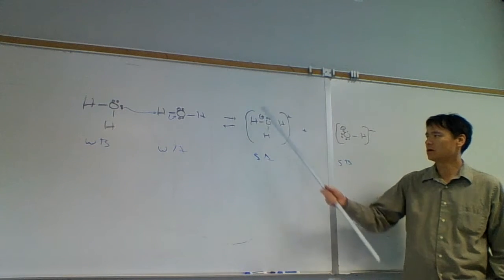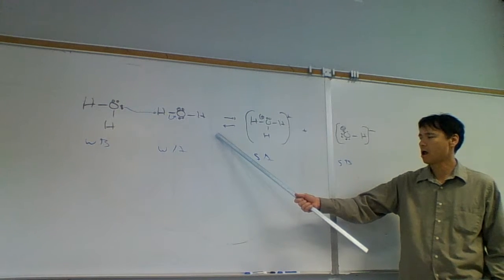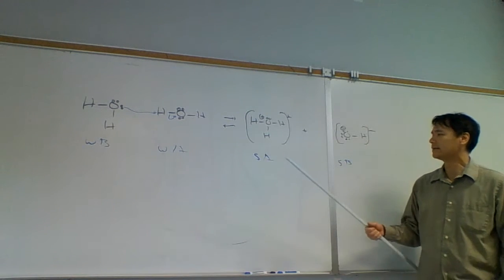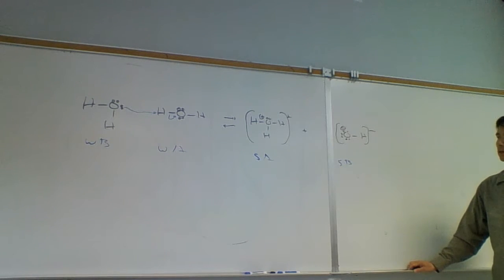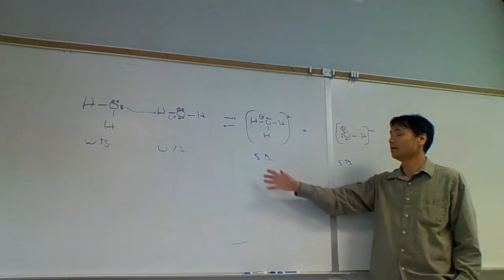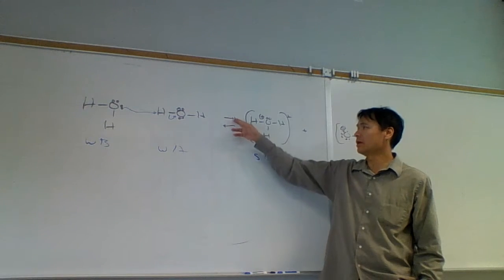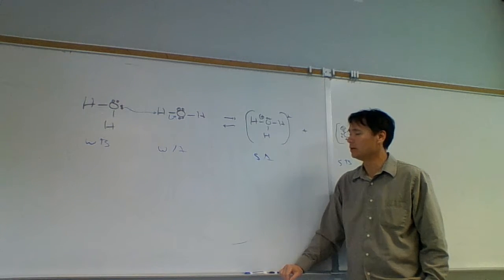And so this is constantly forming and constantly being consumed by the reverse reaction. It depends on the formation rate. If the formation rate is equal to the consumption rate, then we hit a state of dynamic equilibrium.